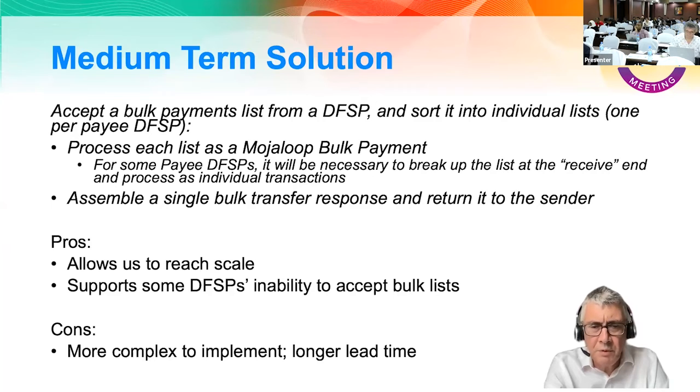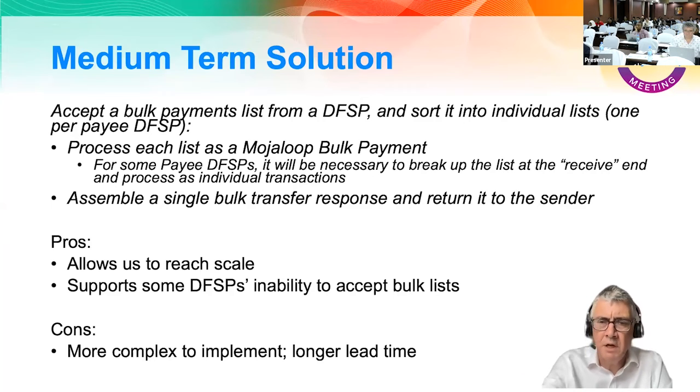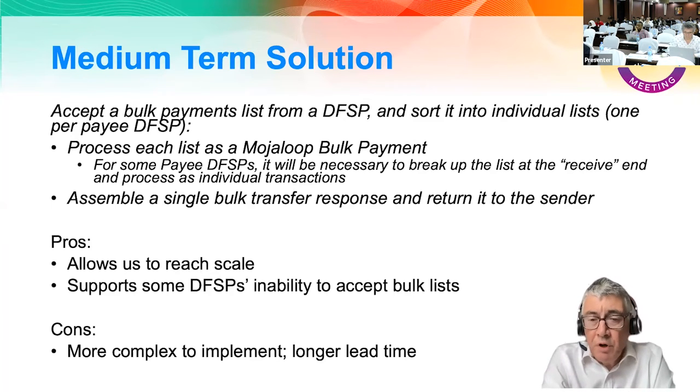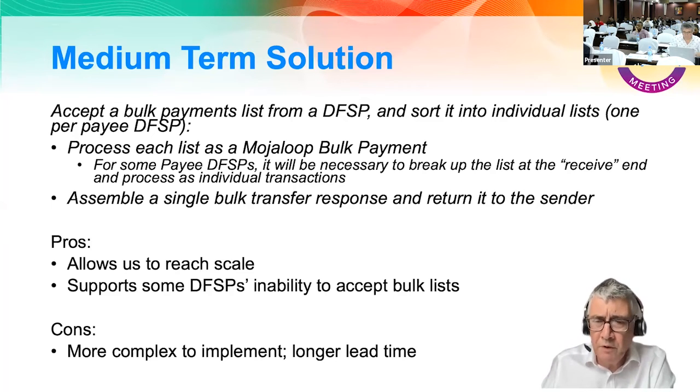And it will also support some DFSPs' inability to accept bulk lists. Cons: it's more complex to implement and it does have a longer lead time. So consequently, we're going to focus on the short-term solution now. And once that's up and running, move to migrate to the medium-term solution.